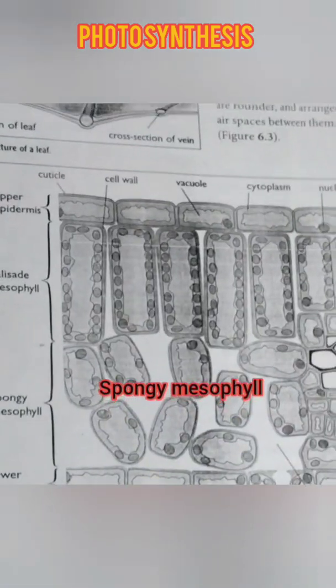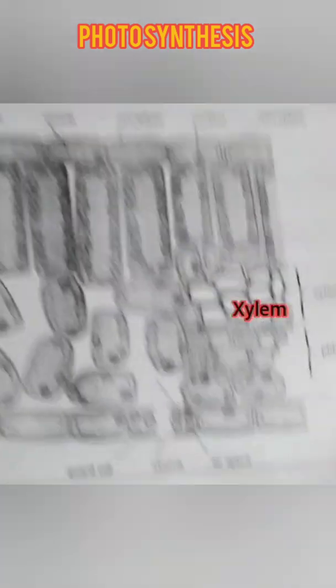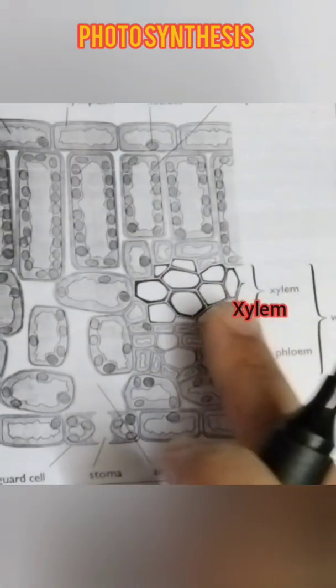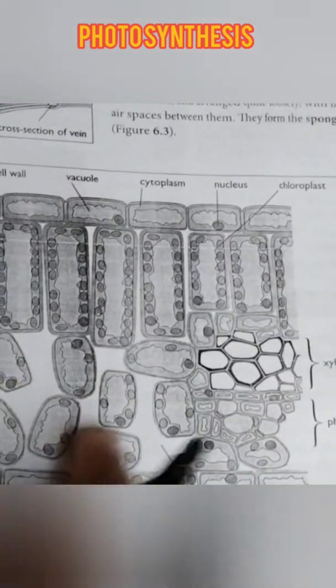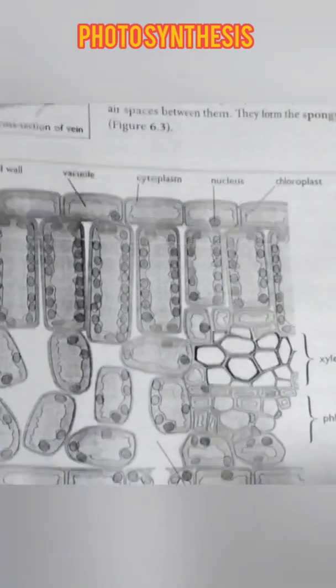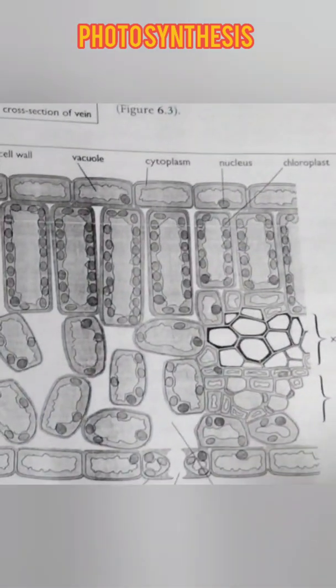Now we have two vascular tissues, that is xylem, thick-walled, and phloem, thin-walled. Xylem conducts the water and phloem conducts the food. That is, food prepared in the leaves will be conducted to the rest of the plant body by the phloem. I hope it is clear. You have an epidermis to protect the inner layer of the leaf.